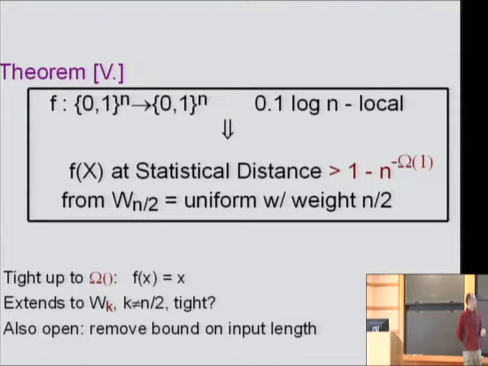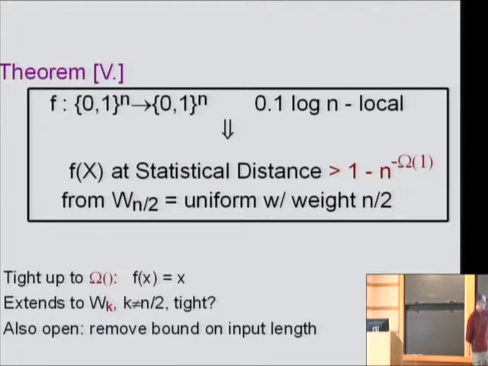Then any such function will be such that if you plug in a random uniform input, the output that you get has statistical distance close to 1, polynomially close to 1. So 1 is the maximum that you can hope for, and this is going to be polynomially close to 1 from the uniform distribution on balanced strings.